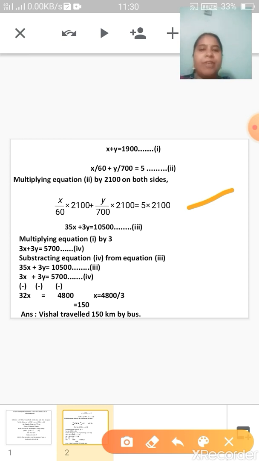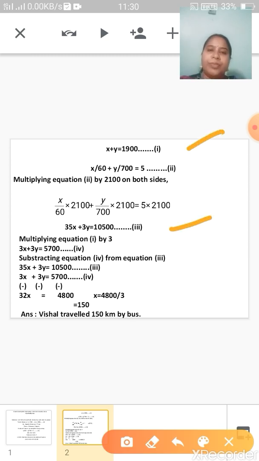So we get 3y, and that is equal to, when you multiply, 10500. This is our equation number 3. I have written here equation number 1 for your reference as x plus y is equal to 1900, which we have already got. Now what is left is to solve equation number 1 and equation number 3.